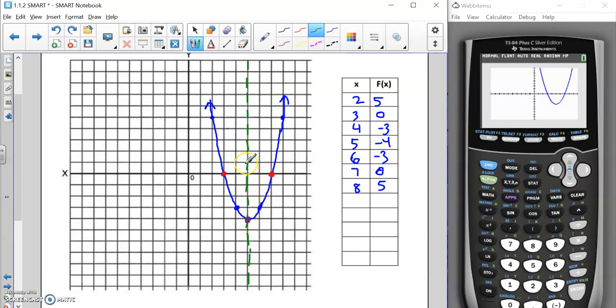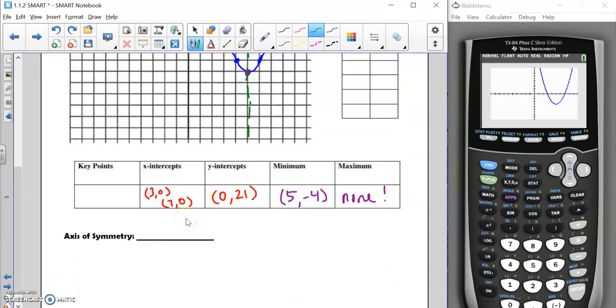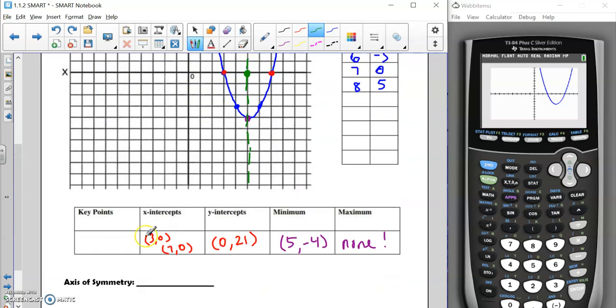If you folded the parabola on this line, the two sides would overlap perfectly. And this occurs at this x value, which if we count from 0, we'd get 1, 2, 3, 4, 5. So this happens at an x value of 5. And so we're going to say that our axis of symmetry is at x equals 5.